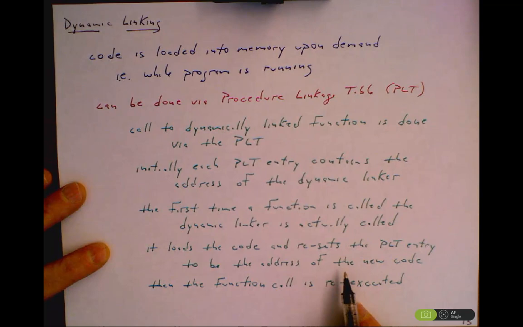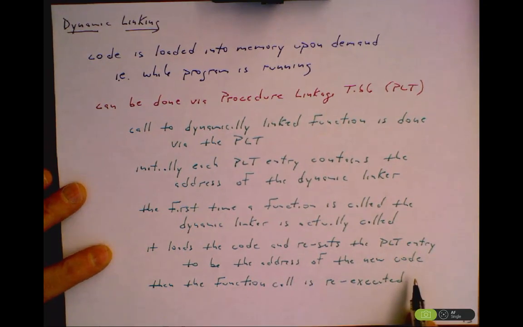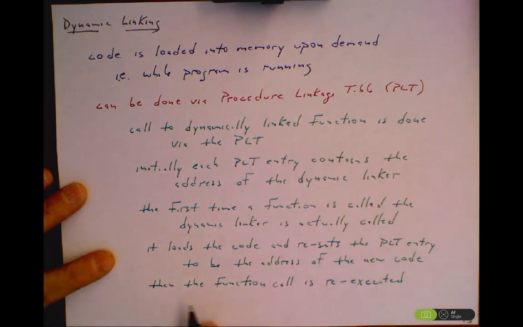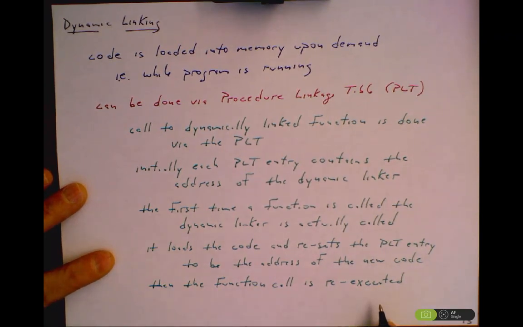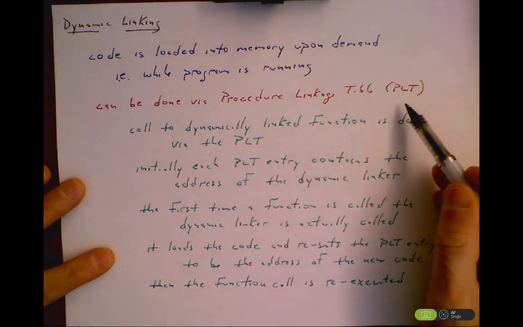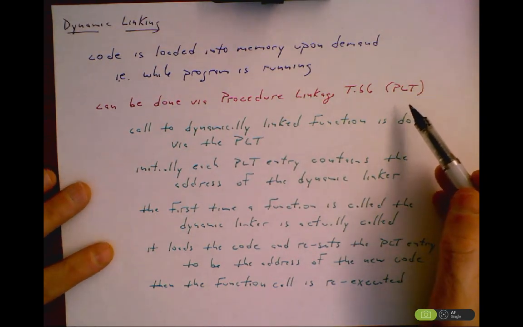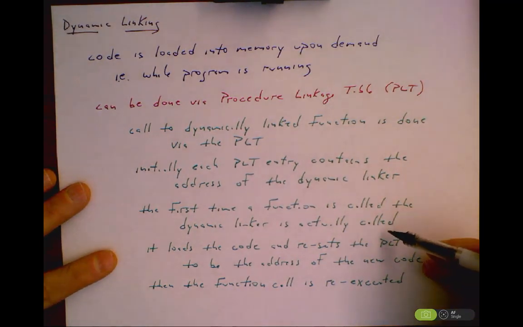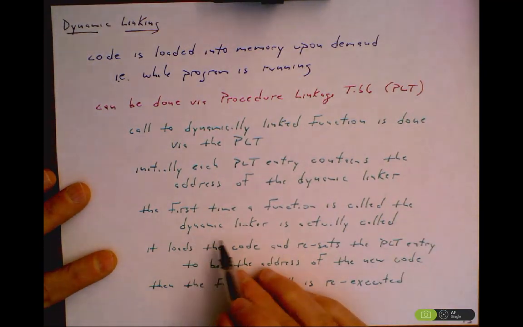It loads the code and resets the PLT entry to be the address of the new code, so the next time you call the function, you go right to the function. Then you re-execute the initial function call, so that on the first call you go to the recently loaded function. Again, a little bit of trickery. An indirection array allows you to call a function indirectly, and the first time you call a function, you get code for the dynamic linker.